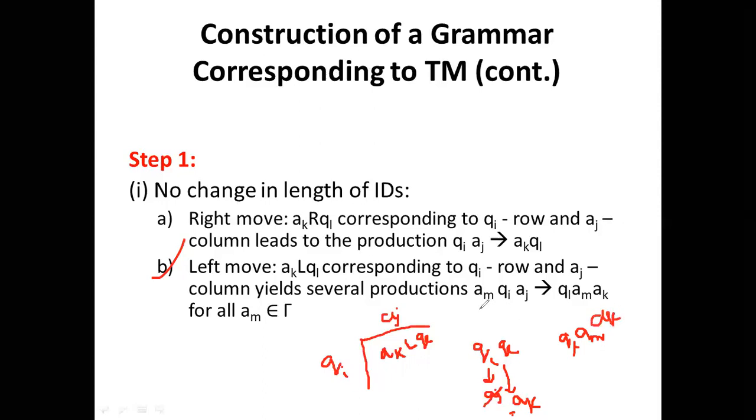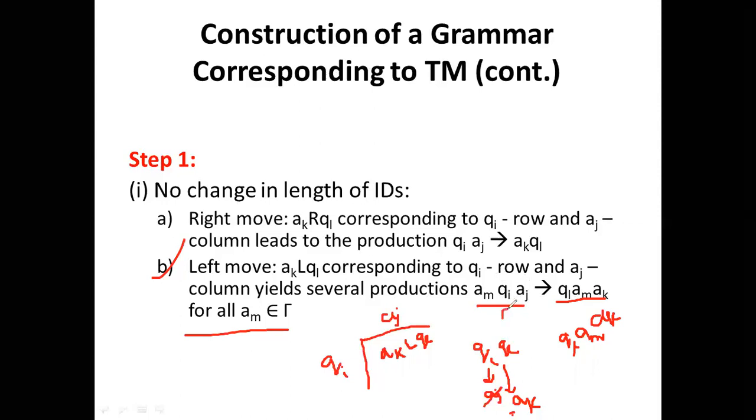So the corresponding production, where A_m is any symbol of the tape, that is for all A_m belonging to capital gamma, is Q_l A_m A_k to A_m Q_i A_j. Why A_m Q_i A_j? Because Q_i is now on A_j.